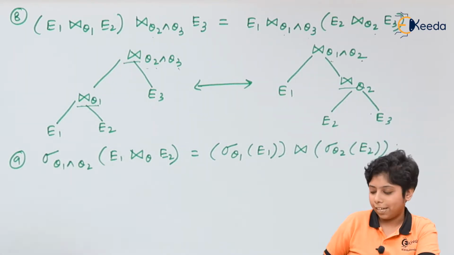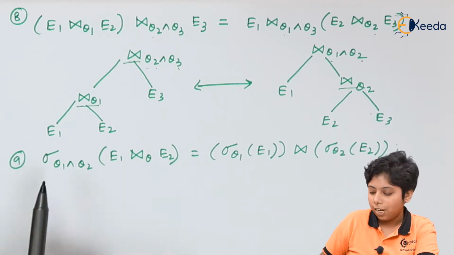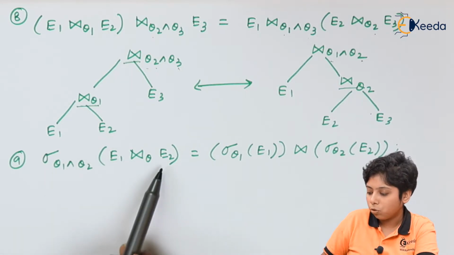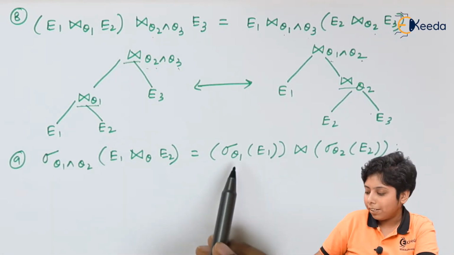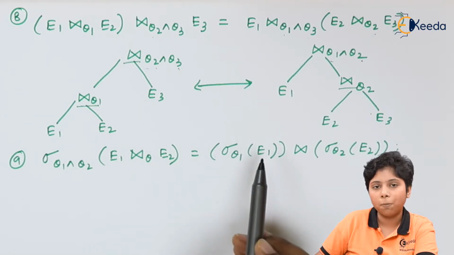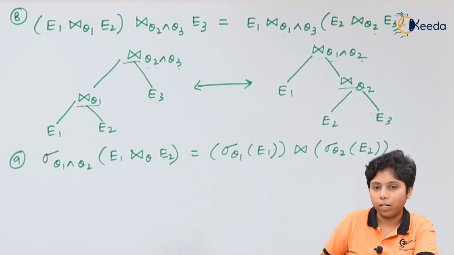Now this one says that we can have E1 and E2 theta joined with each other, and the selection is based on theta 1 from E1 and theta 2 from E2. Now it is the same as if we have selected theta 1 from E1, that is theta 1 belongs to E1 and theta 2 belongs to E2, and then join them.